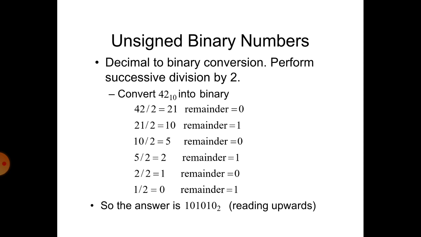Again 10 by 2, the quotient will be 5, the remainder will be 0. 5 by 2, quotient will be 2, remainder will be 1. And 2 by 2 is equal to 1, remainder will be 0. 1 by 2 is 0, the remainder will be 1. So the answer is 101010 to the base 2. This number should be read upwards, right?